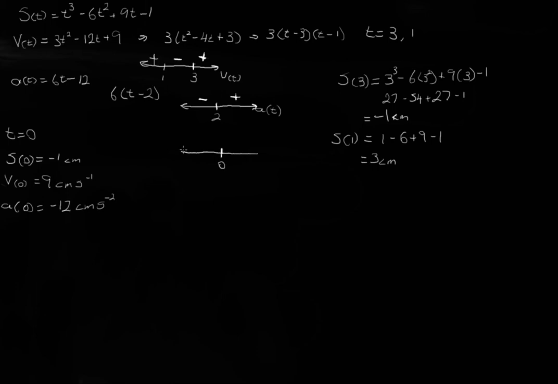If it's to the left, it's negative. If you want to think about it in terms of a graph, then this here would be your y-axis. Along here is x, and everything to the left of the origin is negative, everything to the right is positive. Alright, so the particle is going to change direction when it's 3 centimeters to the right of the origin and when it's 1 centimeter to the left.